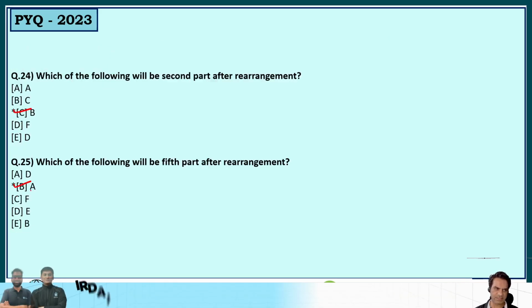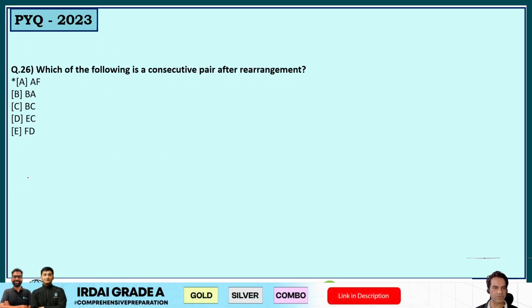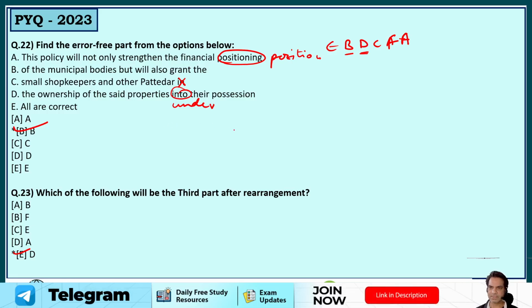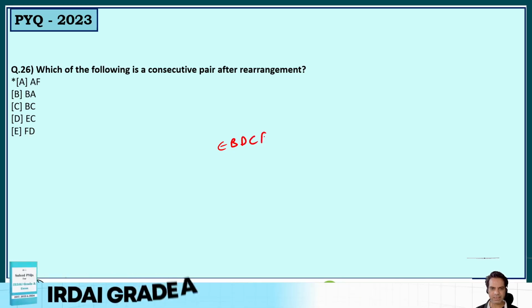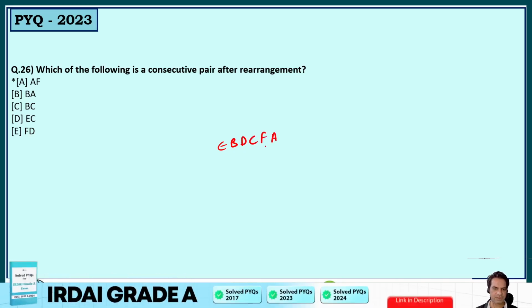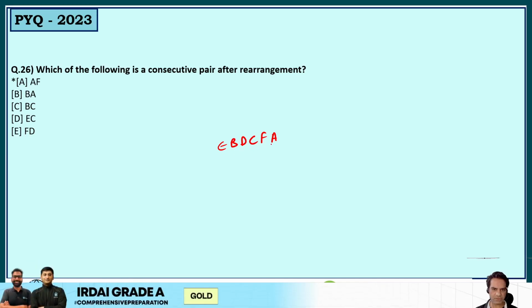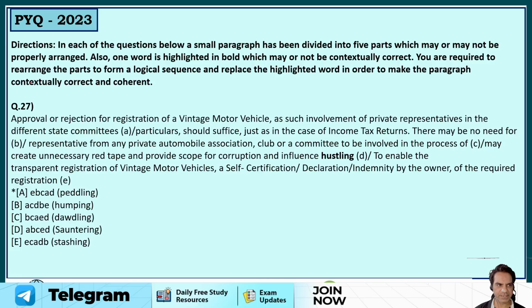Right. So A is the last part, and following consecutive pair AF, BA, BC. So let's look at the EBD, CFA. So AF, okay, BA, no, BC, no, EC, no, FD, no, only AF are consecutive. So yes, guys, option A is your correct answer.